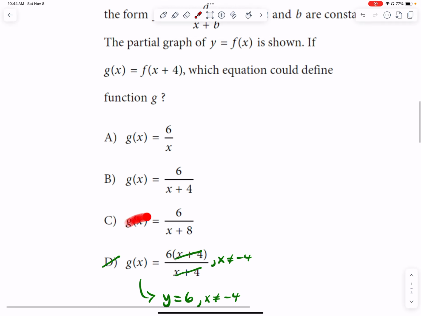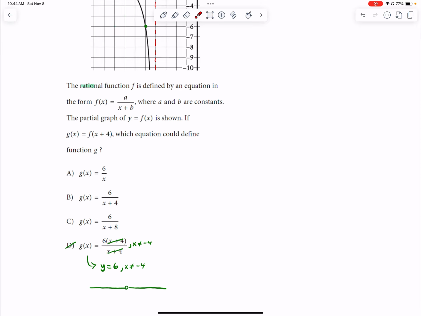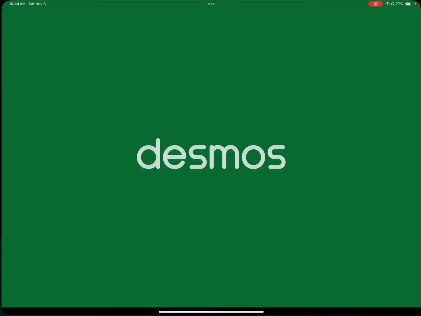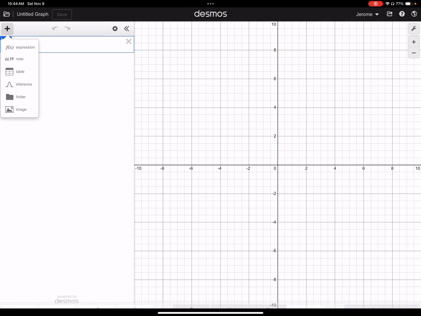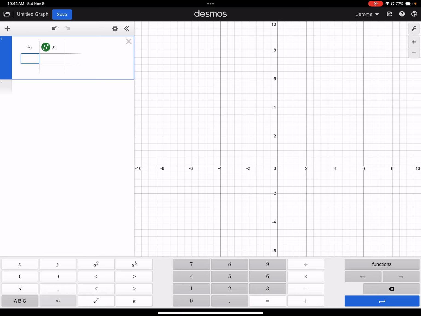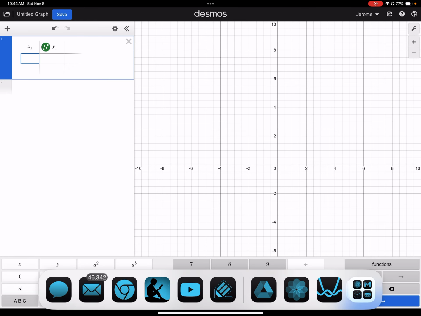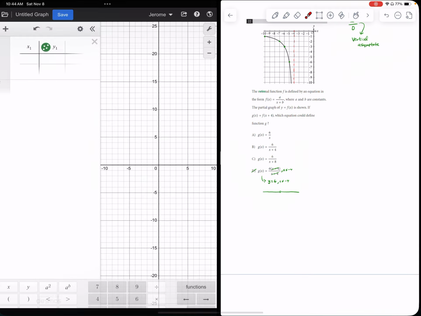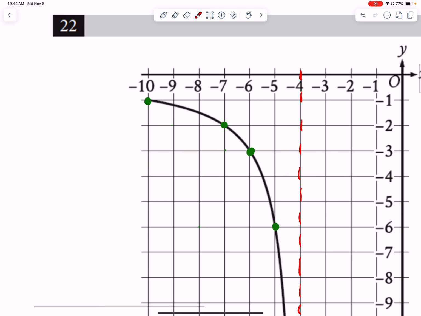Remember that C was the correct one, and for some reason, lots of us chose answer choice B. I wonder why that is. Anyway, let's go to Desmos. I'm going to make myself a little table of values and then do a scatter plot based on this. I don't think I even wrote them down, so I am going to write ordered pairs here. This is -10, -1.